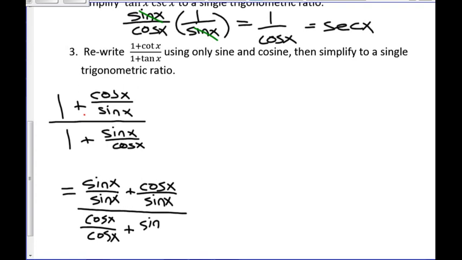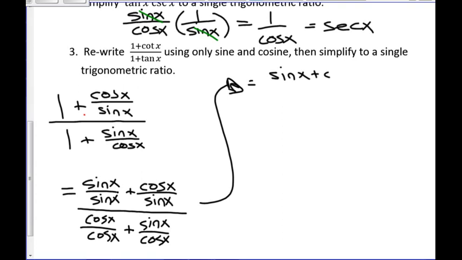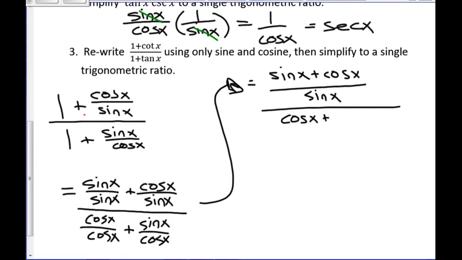Again, that's just so that we get a common denominator. Once we do that, the top is sine x plus cos x all over sine x. That whole thing is divided by cos x plus sine x all over cos x.